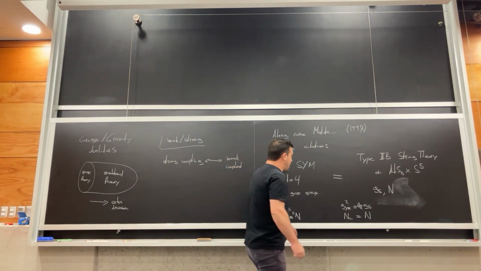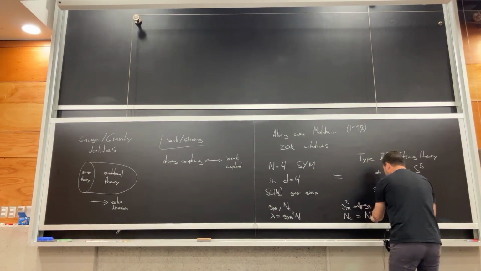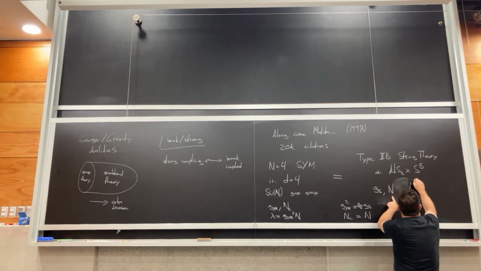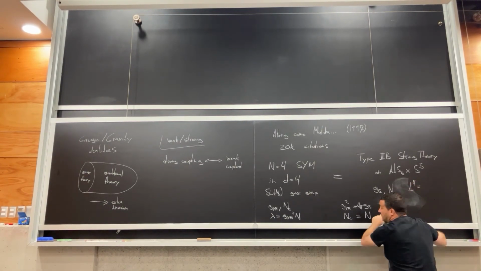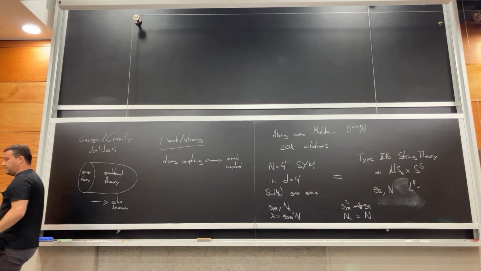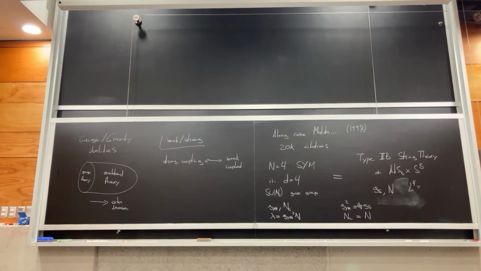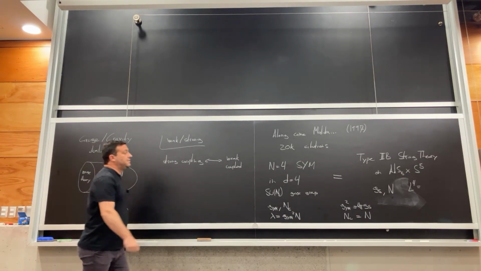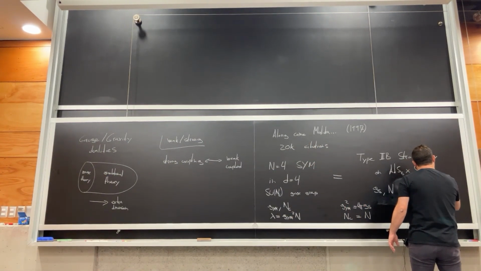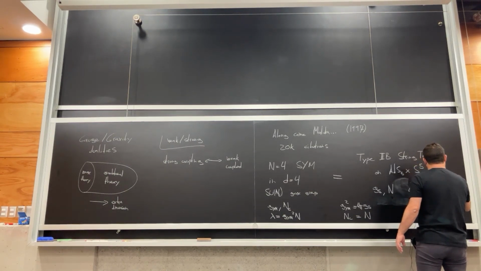And the same thing here, instead of using g string and N, you can use the radius, which we define as 4 pi g string N alpha prime squared.